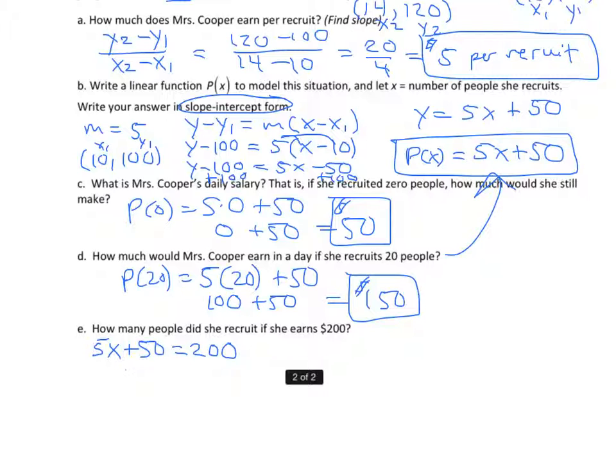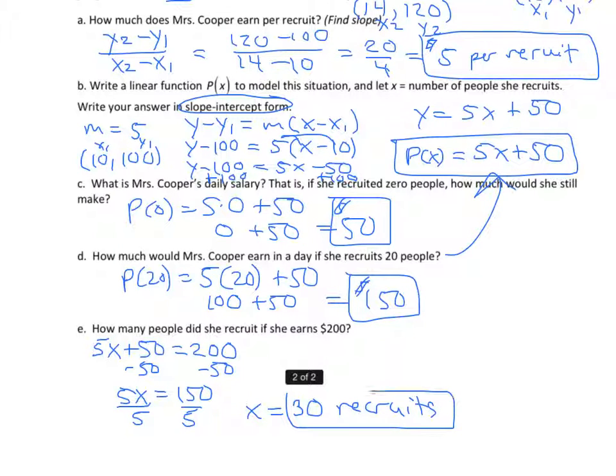So first I would subtract 50 from both sides. We get 5x equals 150. And then I divide both sides by 5. And we get x equals 30. So that means she had 30 recruits if she earned $200.